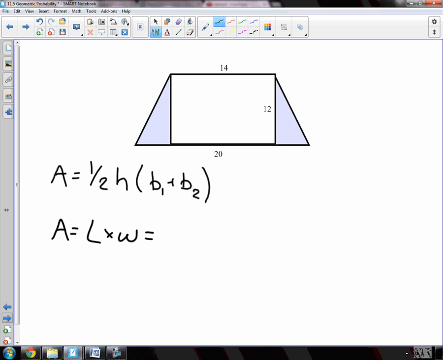What do we get when we add our bases together for the trapezoid? 34. And what do we get for our height?